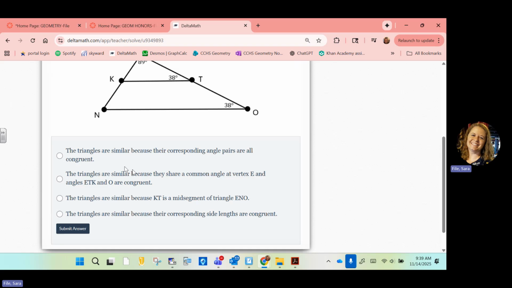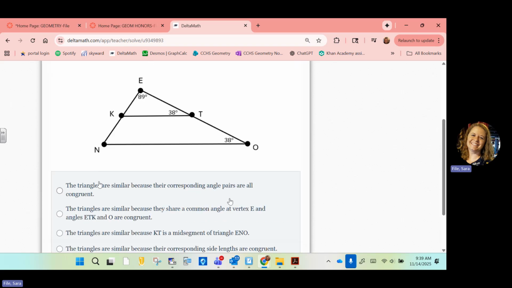All right, so the other ones, let's read through the other ones. It says the triangles are similar because their corresponding angle pairs are all congruent. Well, obviously, angle E is going to be congruent to itself in both triangles, right? Angle E is part of the small and the big triangle. They share that vertex. Okay, and then this 38 is congruent to 38. Now, triangle sum theorem tells us we could find this missing third angle because the 3 angles have to add to 180.